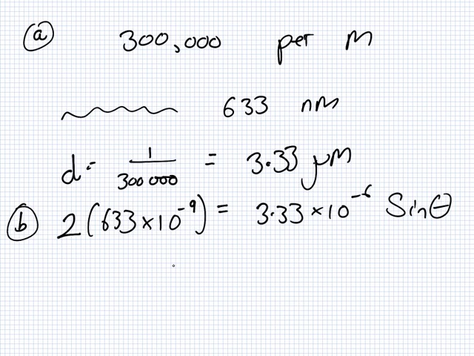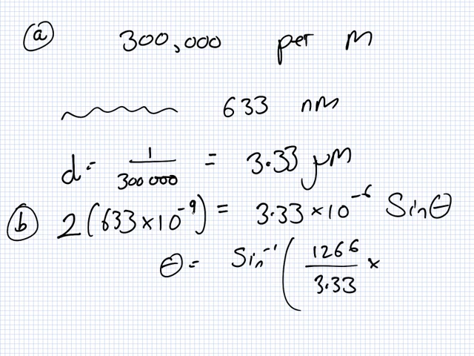So theta is sine inverse of 1266 over 3.33, and then this is 10 to the minus 9 divided by 10 to the minus 6, which is 10 to the minus 3.